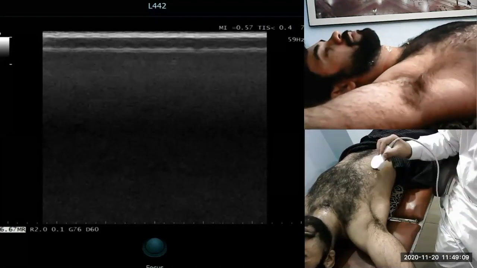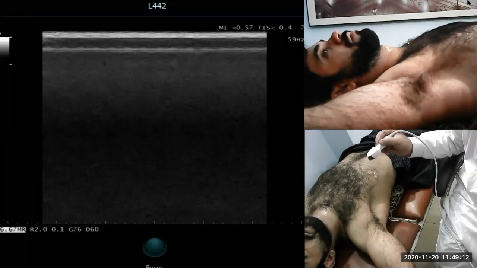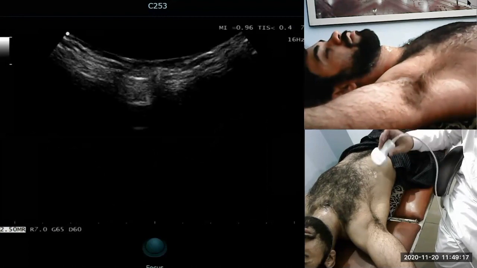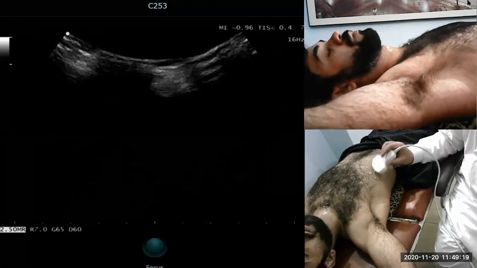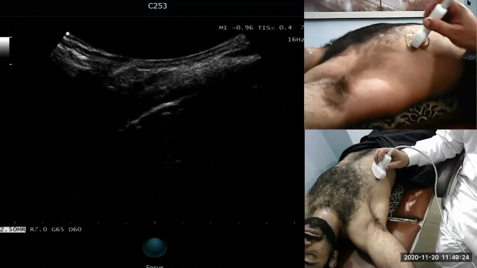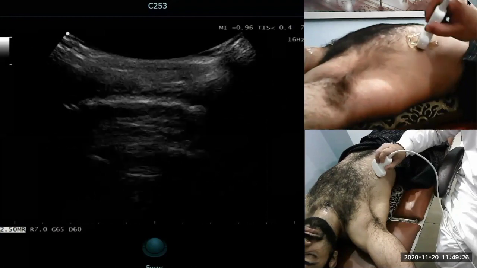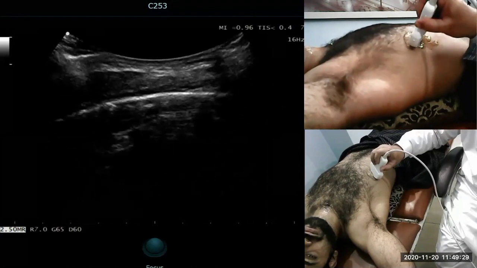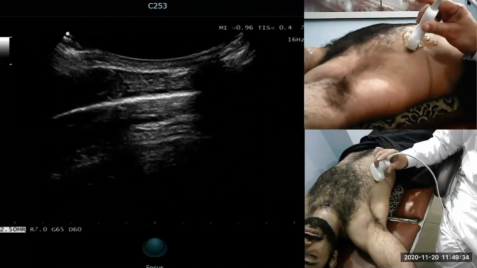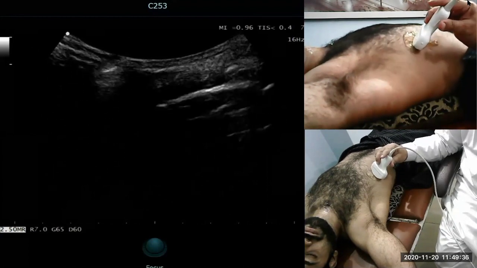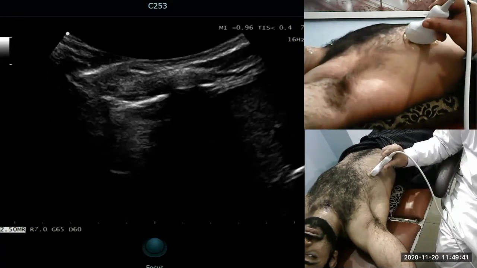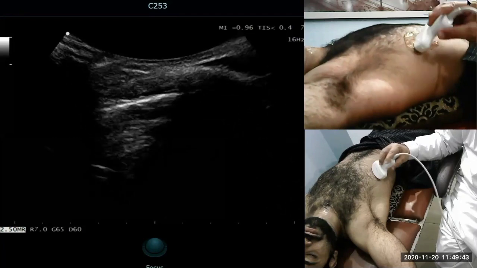As an example, I must show you that in order to see the pleural surface through the intercostal space, we place the probe in 10 o'clock position. This is 12, this is 11, this is 10.